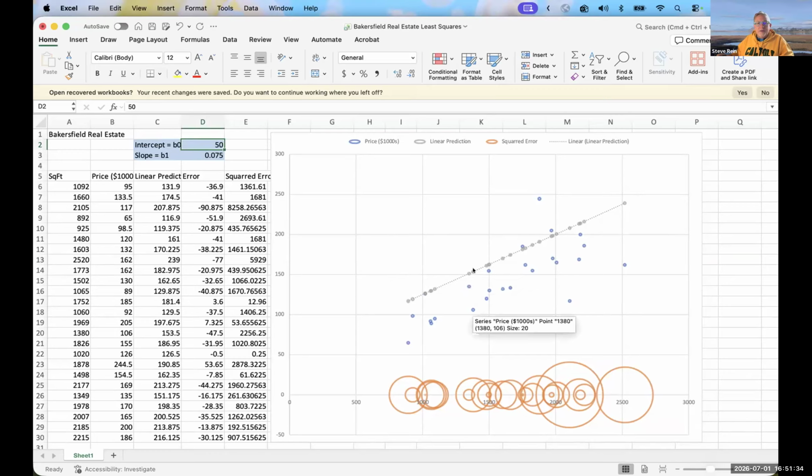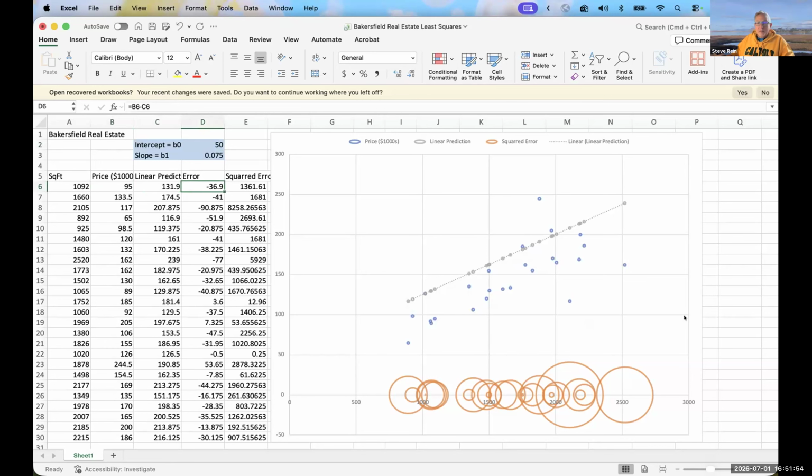And clearly they're in error because not all of the blue data points are right on the perfectly straight gray line. For example, this first one is way below the trend line's prediction. Here's the prediction, here's the actual price of a home, here's the prediction error.